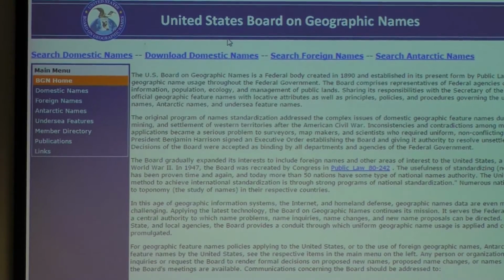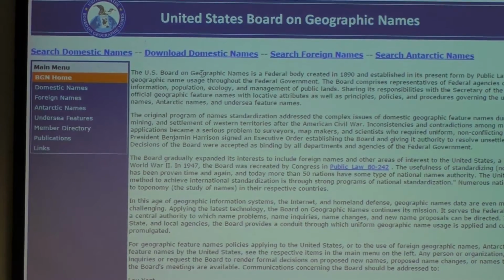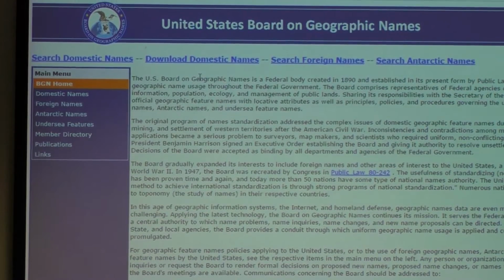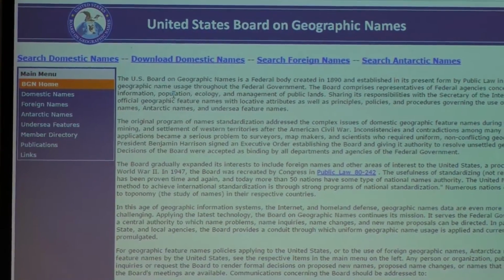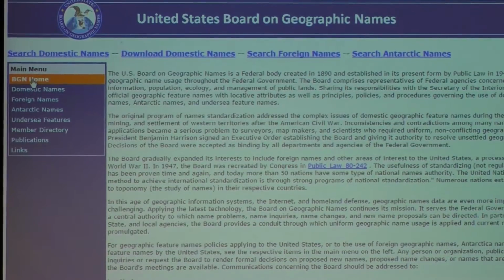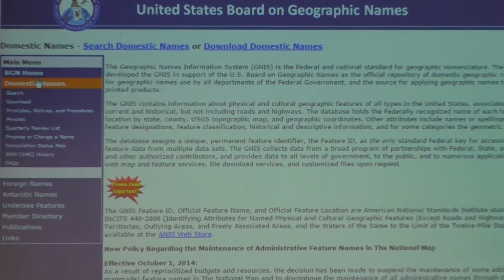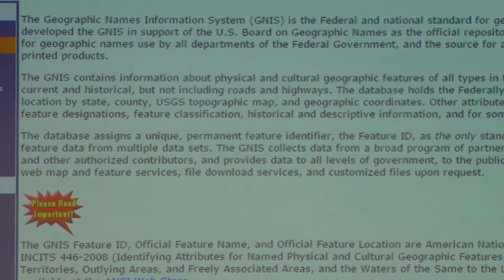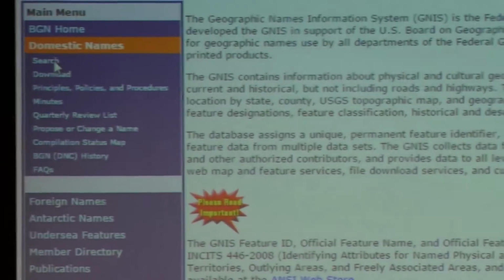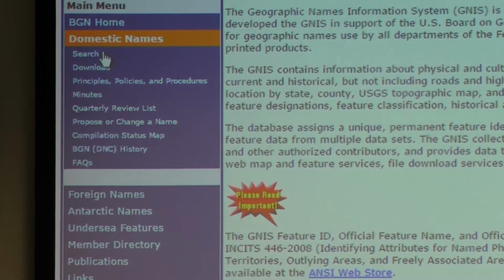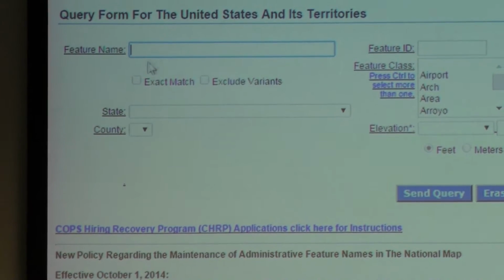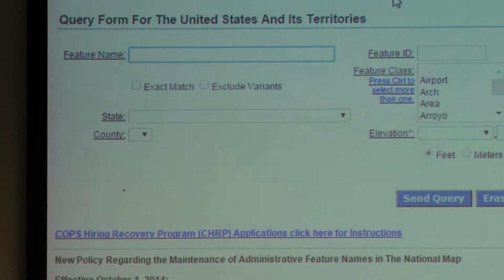The USGS has been creating this since the 1890s, and by law, since 1947, they've been collecting every name they can find off of every geographic map, every map they can find around the world. In the United States, you can do a search, and on foreign countries, you can do a search. But you come here and you go to Poor Valley.